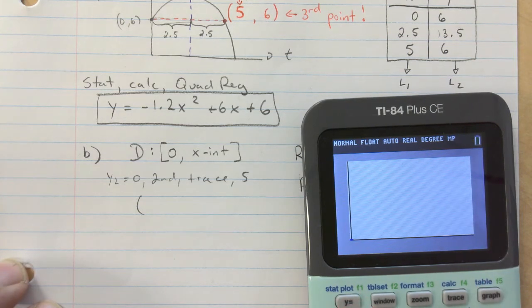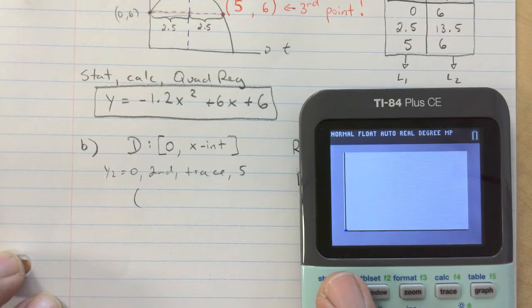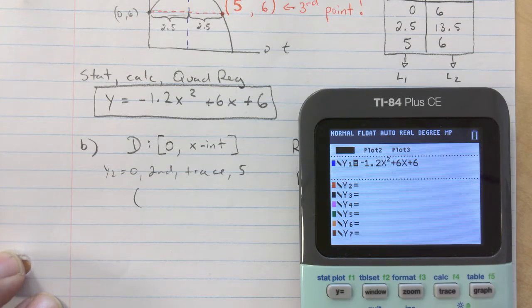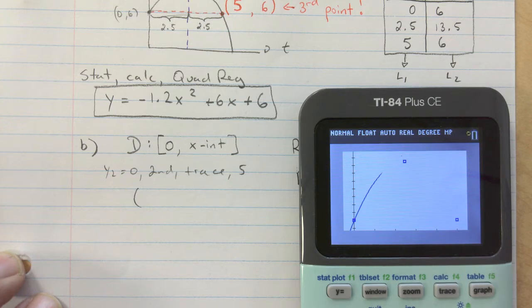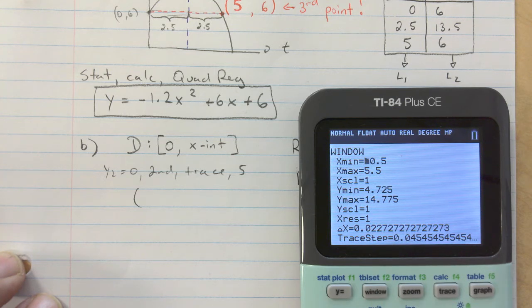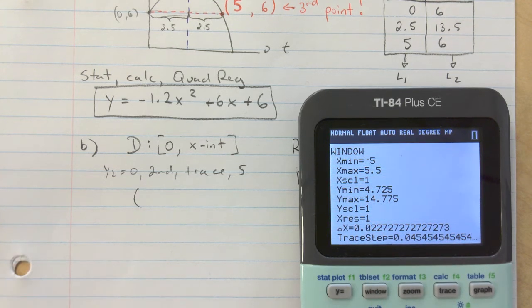I can't see a thing right now on my calculator. I just went ahead and tried to graph it. But plot 1 should be turned on, then you go zoom 9 right away. And there it is. But remember, the same applies. I go window, I just change that to -5. If you want to go -2, sometimes -5 shows too much.